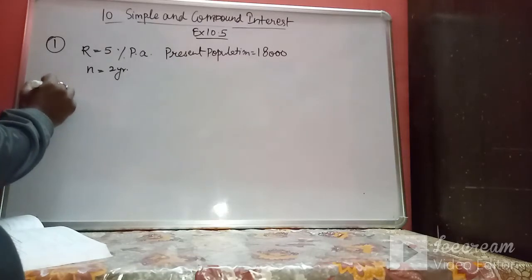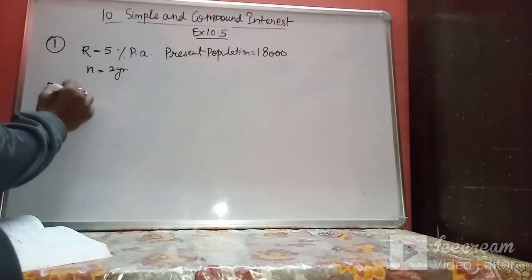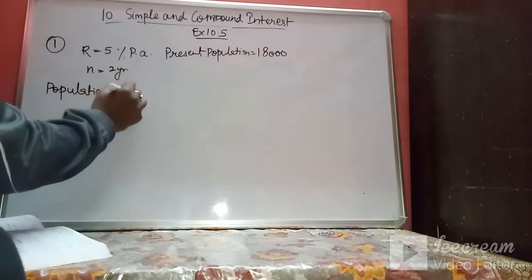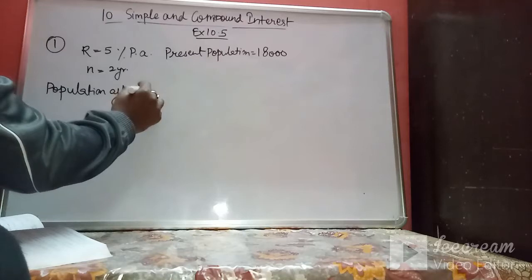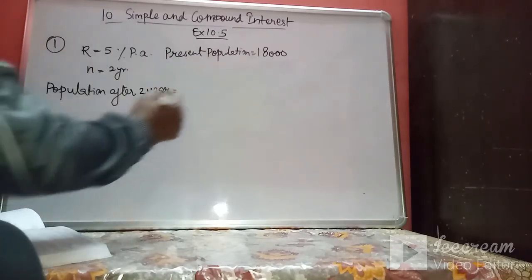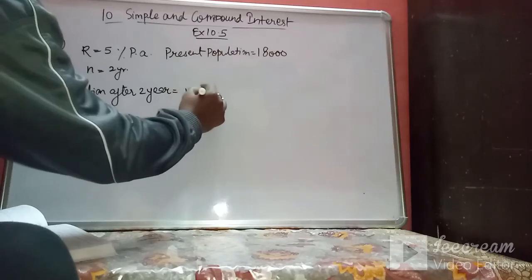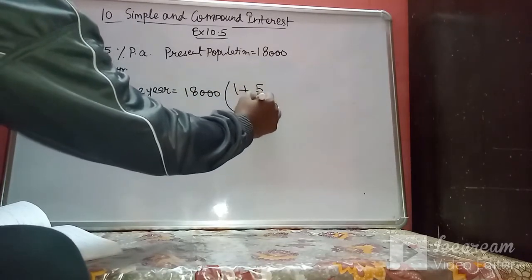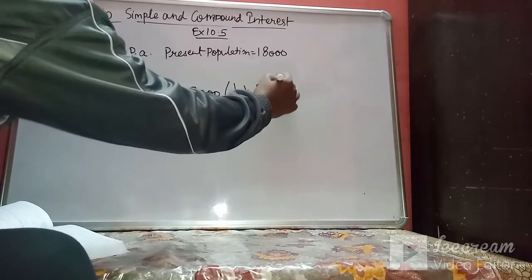So we can calculate the population after 2 years, which will be equal to 18,000 into 1 plus 5 upon 100 to the power 2.